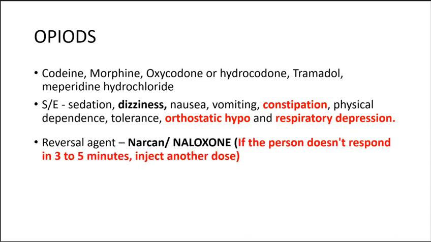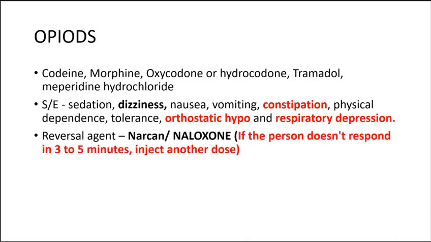Again, if we have an opioid overdose, our reversal agent would be to give Narcan or your naloxone. It's used to reverse the effects of opioids. It's commonly used to counter decreased breathing in opioid overdose. Remember with your Narcan, if the patient doesn't respond in 3 to 5 minutes, we can inject another dose.